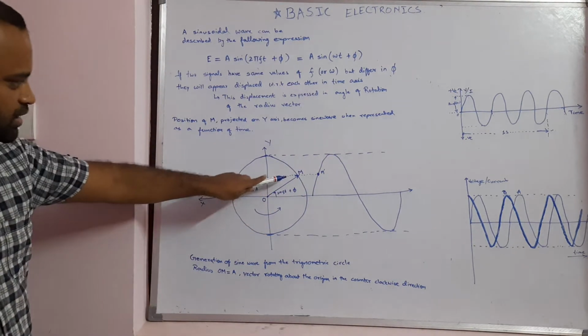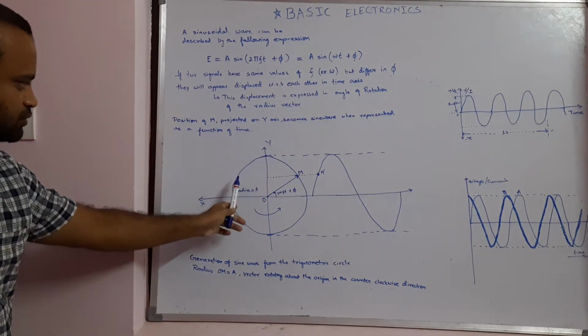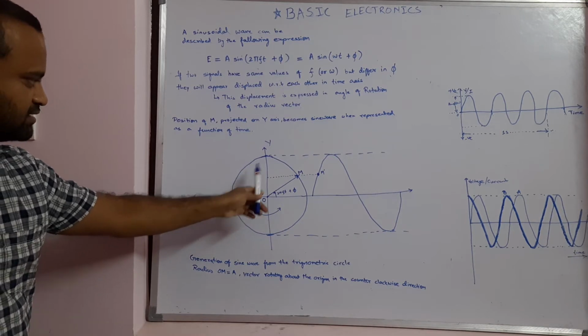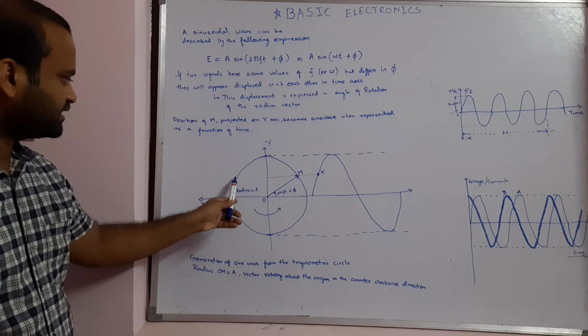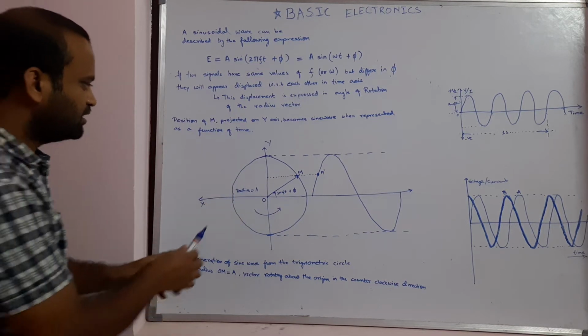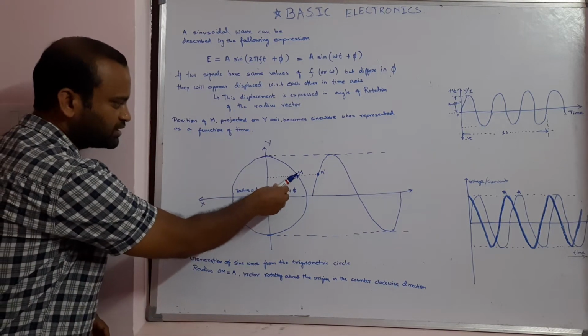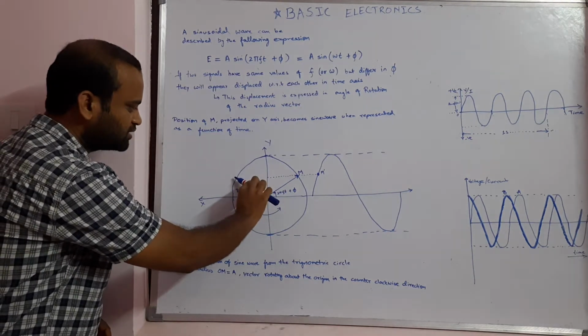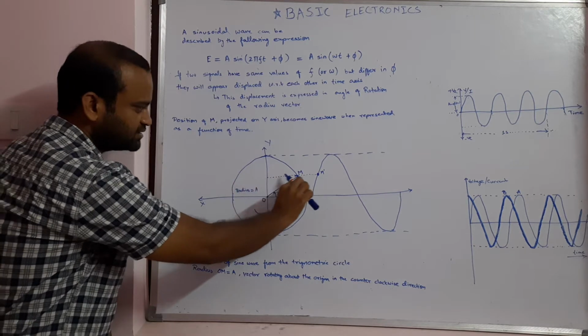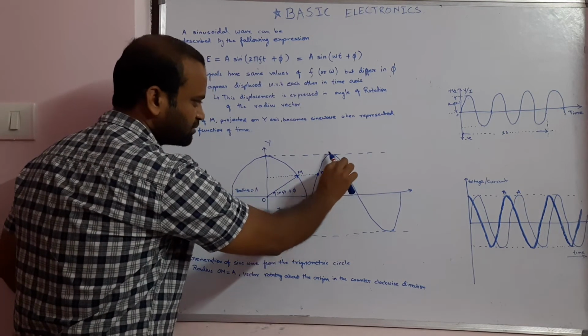And when this OM continues to rotate in the negative axis direction, the amplitude of the sine wave starts decreasing. So at this point of time, if this OM is moved here, then what will be the amplitude of the sine wave? If you project this, the amplitude has reduced from this point to this point.